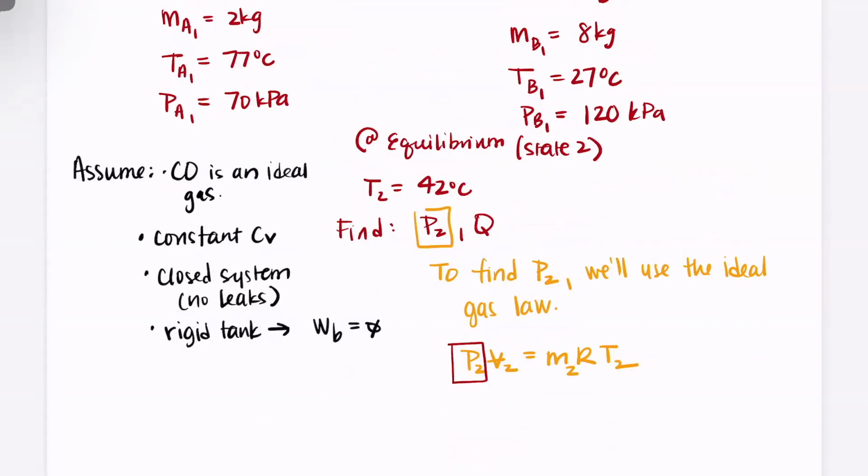Okay, we are given T2, that's our equilibrium temperature. R is a constant that we can look up for carbon monoxide, so that's easily attainable. What about M2? What should we use for M2?